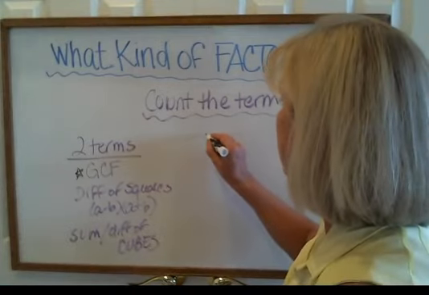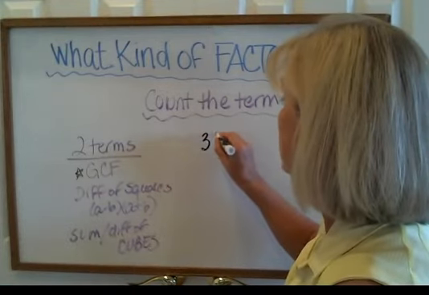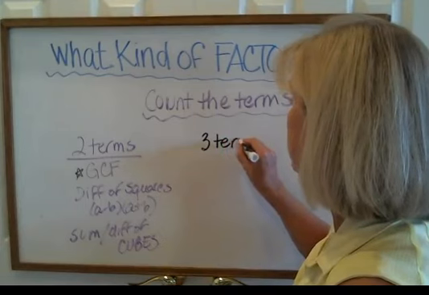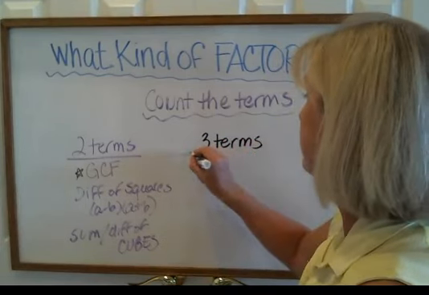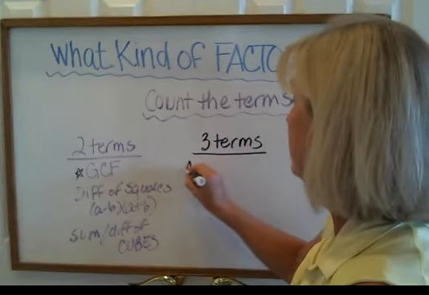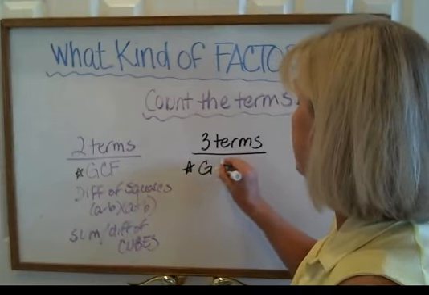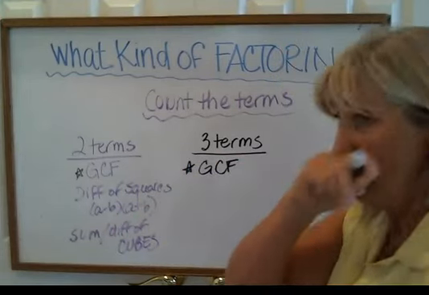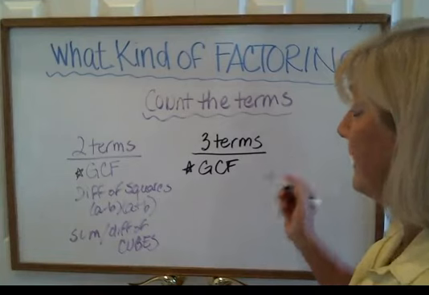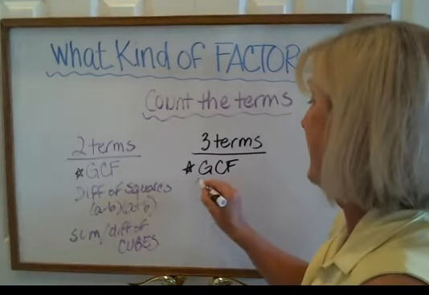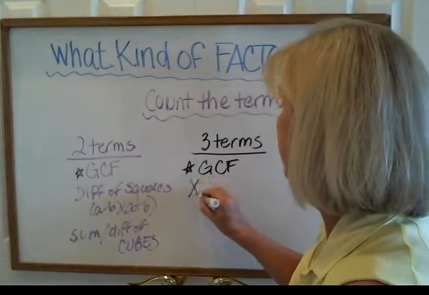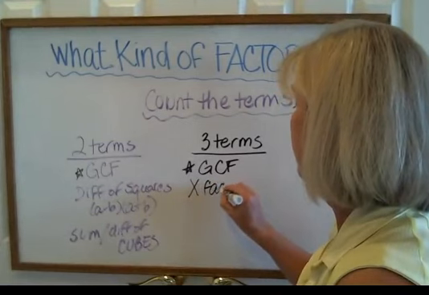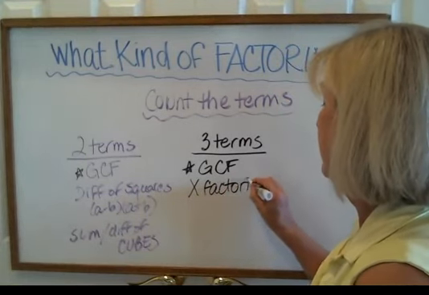The next thing, you count the terms and say there's three terms. As always, the first thing that you're going to check is to see if you can take out a GCF. Then there's other possibilities. There's X factoring, and you know what that is.